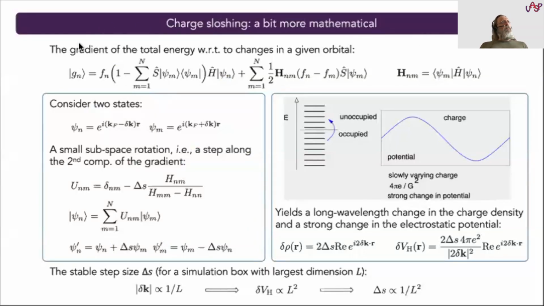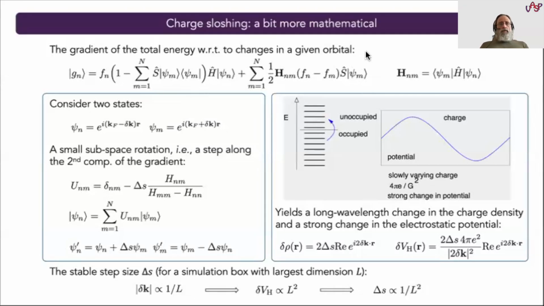Where does this come from? We've looked at this gradient. We saw that there are 2 parts, an out of subspace part and a subspace rotational part. I'll show you here that it's this subspace rotational part of the gradient that is prone to charge sloshing.